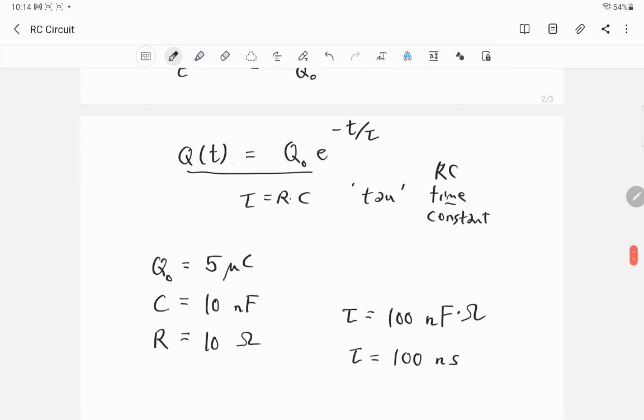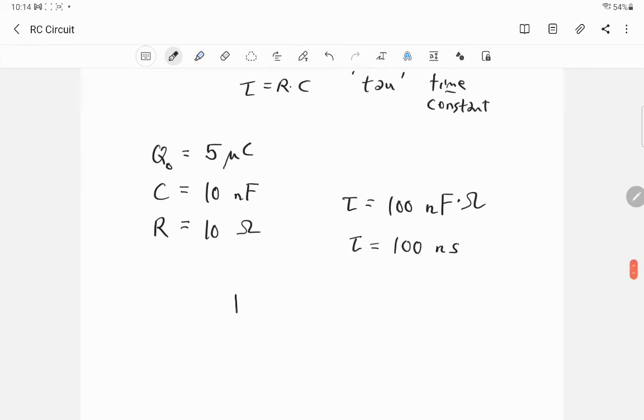So you can see that the function is an exponential decay. It's a decay because I have a negative number up in the exponent, right? Yes, the argument of the exponent is negative. So if you look at q of t versus t, it starts at t equals 0, right?